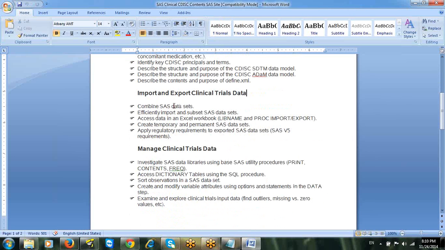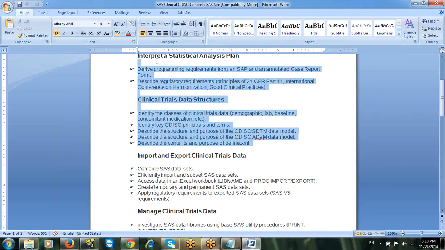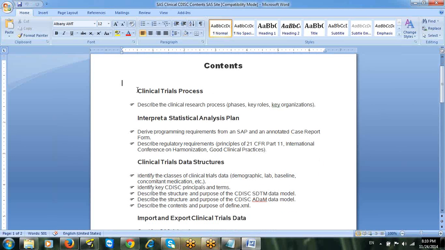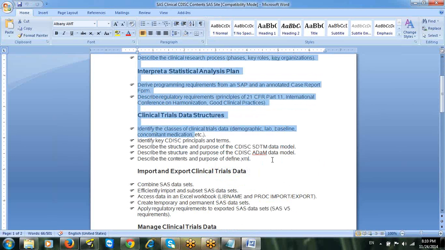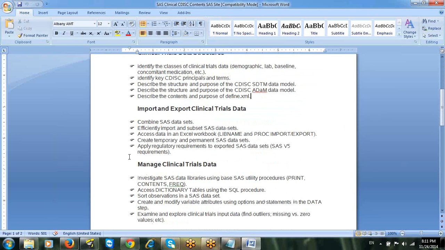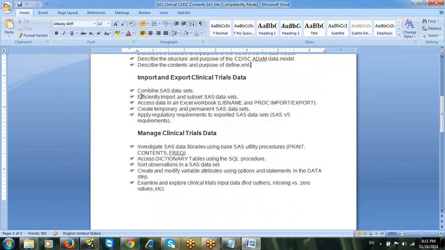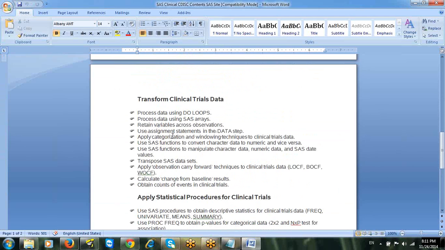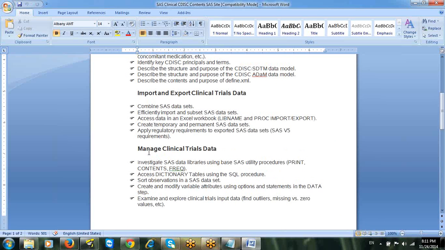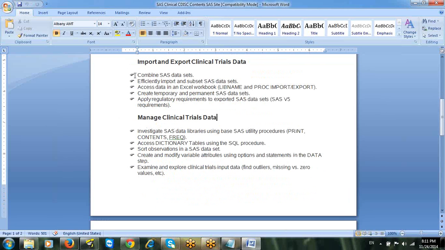Till this part, I will go with only theoretical explanation. I will come with different presentations or documents and explain them. Then the actual programming part will start from here: importing and exporting clinical trial data.